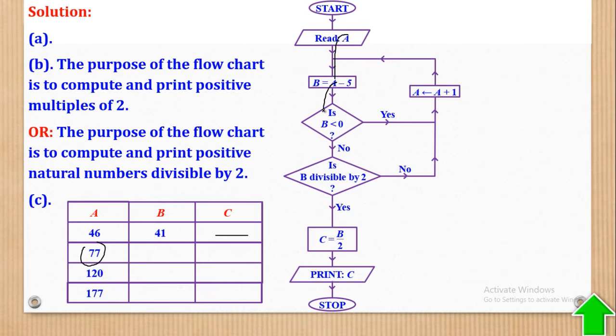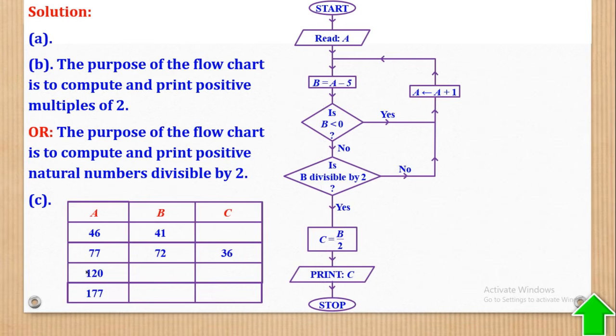Is it negative? No. Because it is no, go here and ask yourself, is it divisible by 2? Yes. Now because it is yes, you go here and divide it by 2 to give you 36, and there you can print and stop.